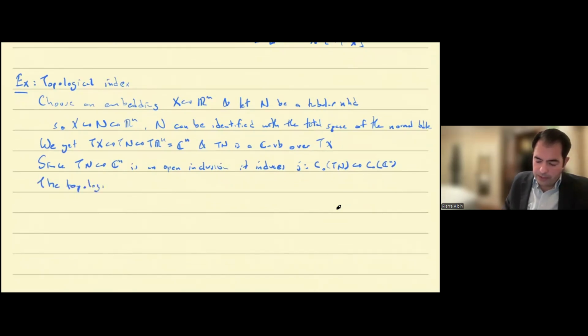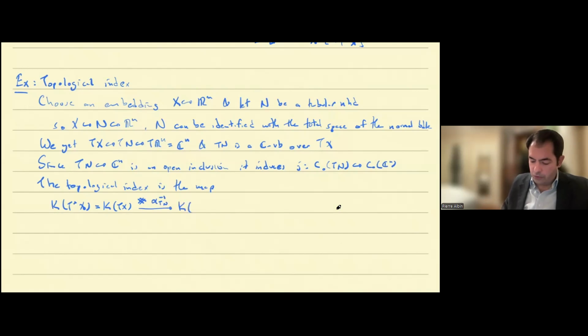The topological index is the map where we start with the K-theory of the cotangent bundle, but using a metric, we can identify the cotangent bundle with the tangent bundle, so let's just say we're there. Then we can take Kasparov product with the inverse of the Thom isomorphism to end up in TN.